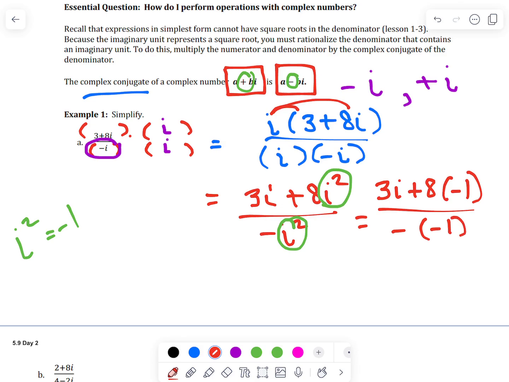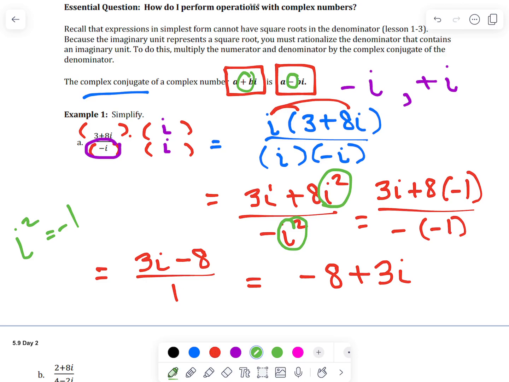And then continue simplifying. Up in the numerator, we have 3i, and then 8 times negative 1 is negative 8. And then in the denominator, negative 1 times negative 1 is positive 1. And then to put it in standard form, we have the real piece plus the imaginary.